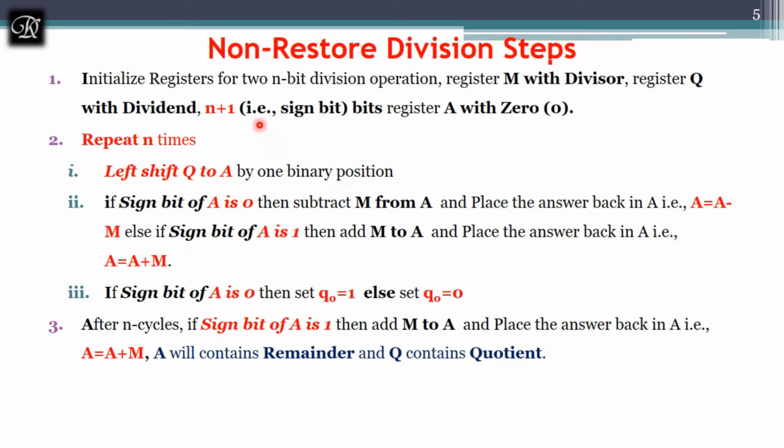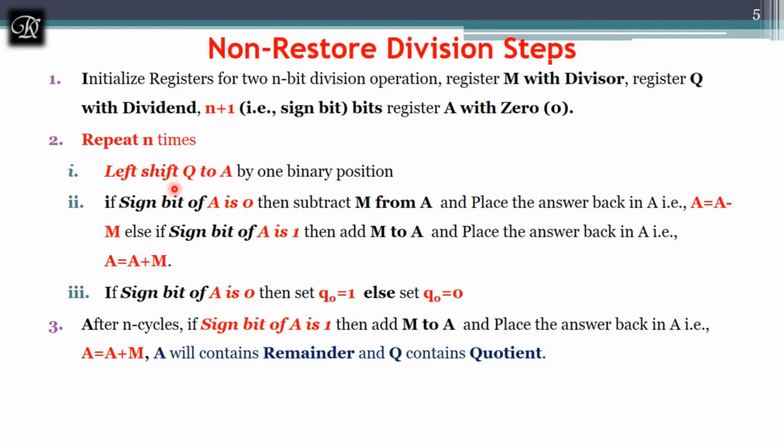As in restore division, here also we have an initialization. M is initialized with the divisor, Q is initialized with the dividend, M and A registers are extended by a sign bit, and the A register is initialized with 0. We repeat step 2 n times.